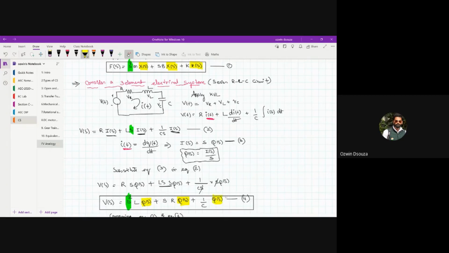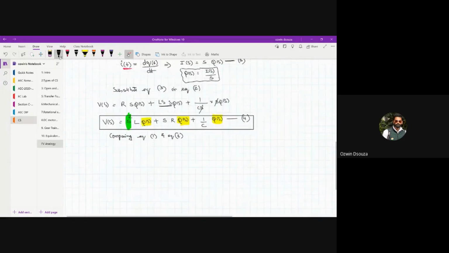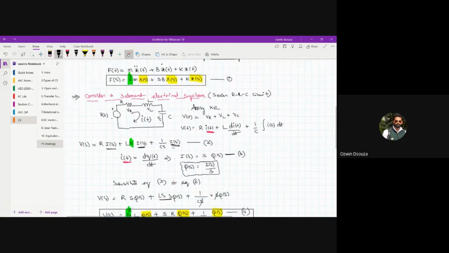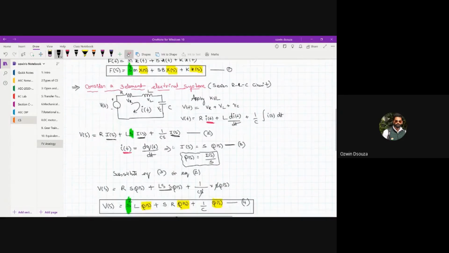So the counterpart of displacement in the electrical system is charge. So you can write here, X counterpart is Q. Okay, let's see. Let's start comparing the other coefficients.